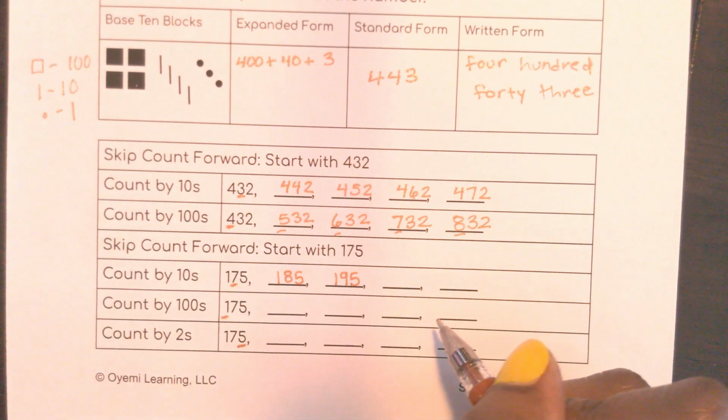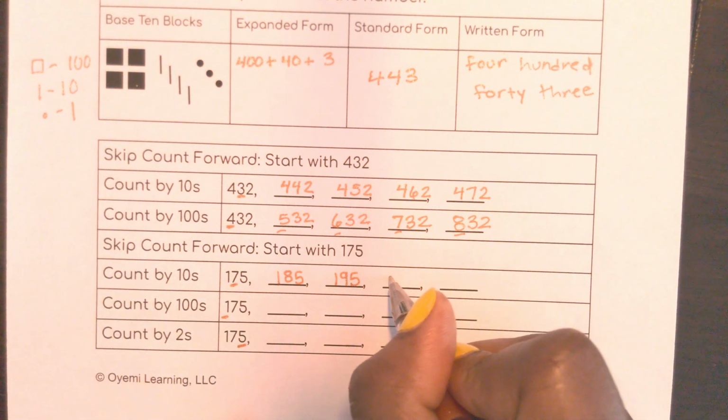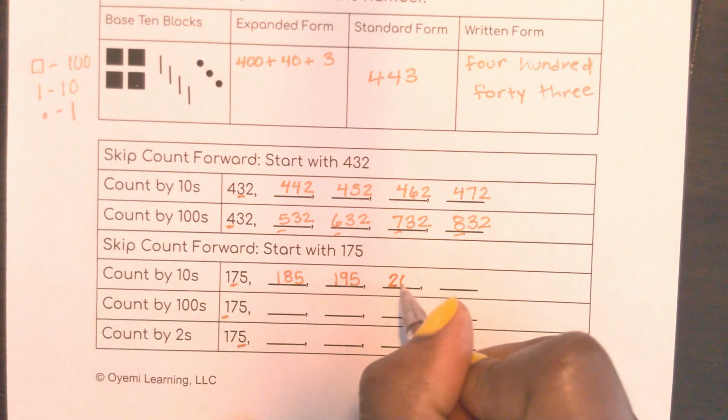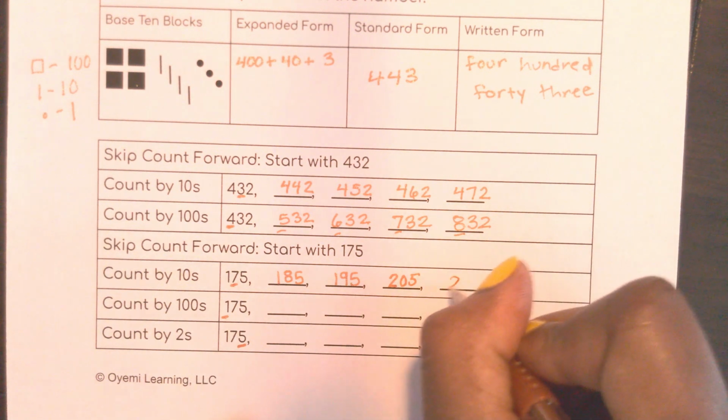Okay, I'm at the end of that hundred. What hundred comes after 100? 200. So here I'm going to go to 205. That would be the next 10 after 195. So if this is 205, I would keep going up to 215.